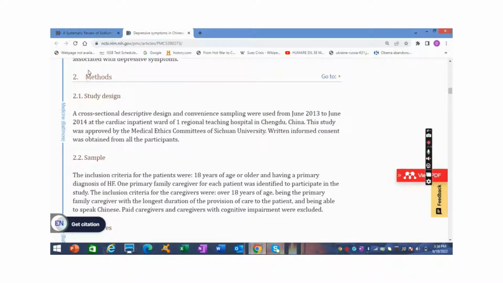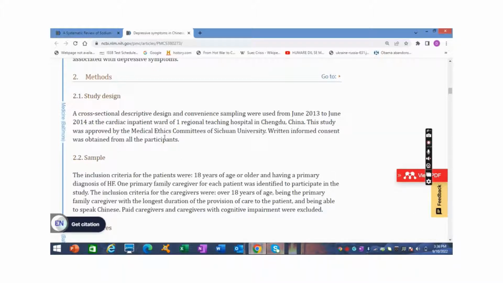See, methods. Again, in this paper there is a methods section. The method involves the study design: a cross-sectional descriptive design. It continued from June 2013 to June 2014, which means this study continued for one year at a particular ward of a teaching hospital in China. Okay, sample.